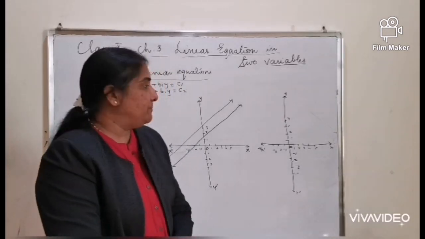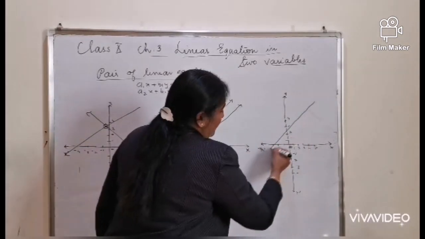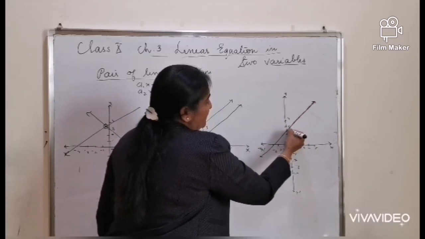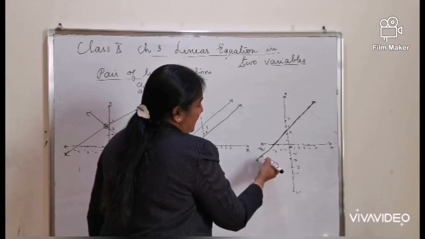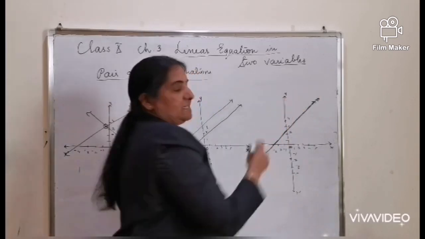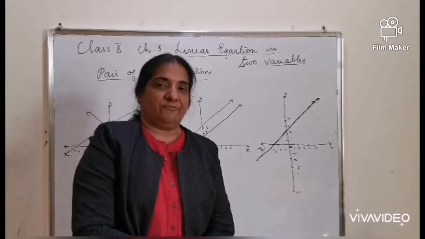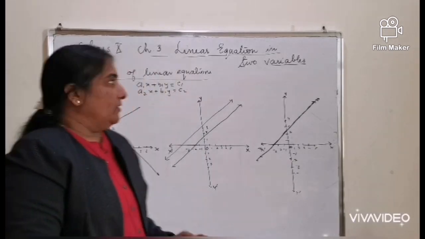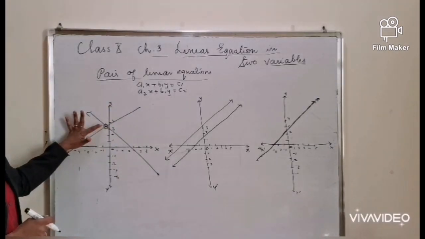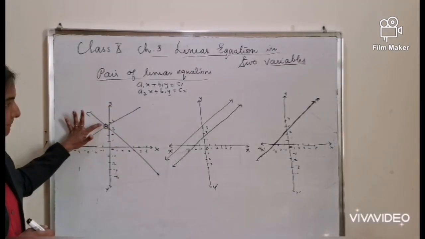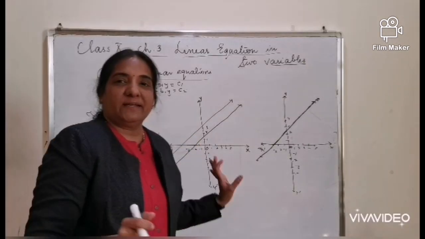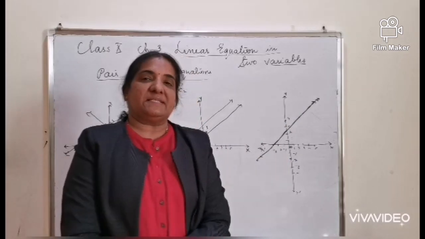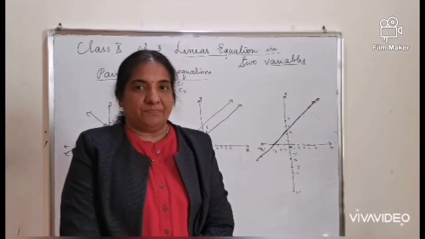And the third possibility is both the lines are coincident, which means both lines represent a single graph. The three possibilities are the lines may intersect in one point, the lines do not intersect, and both the lines will represent a single straight line.